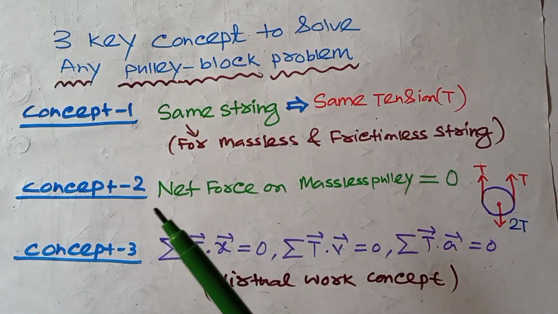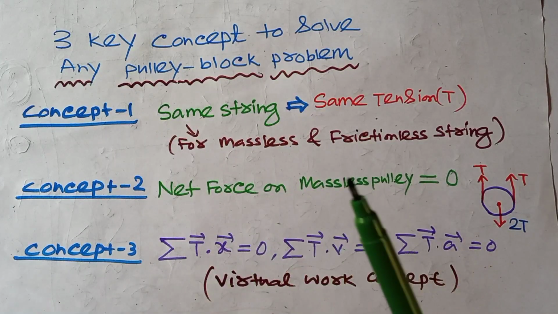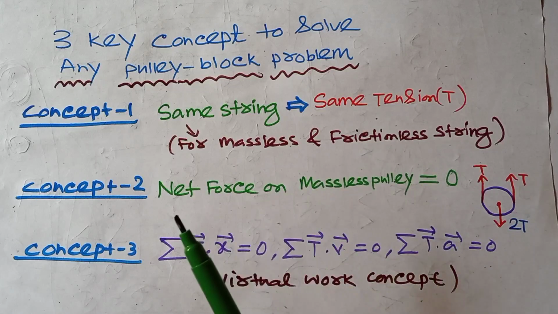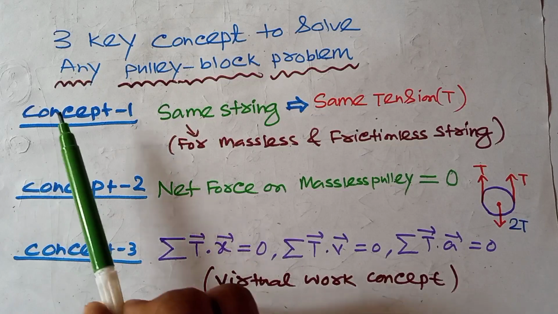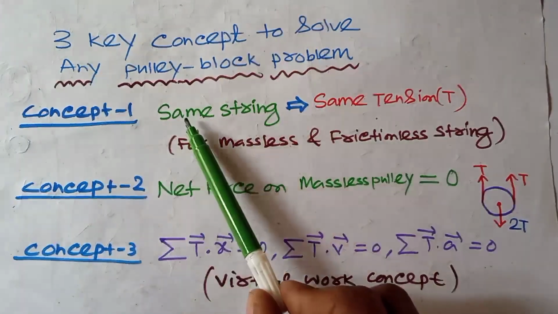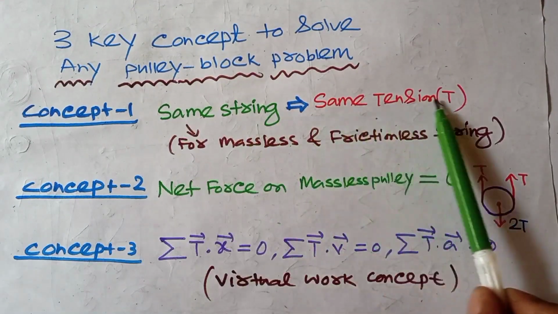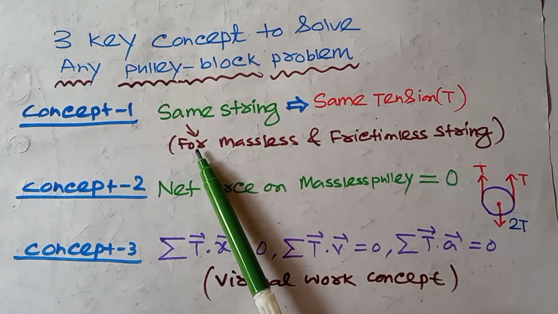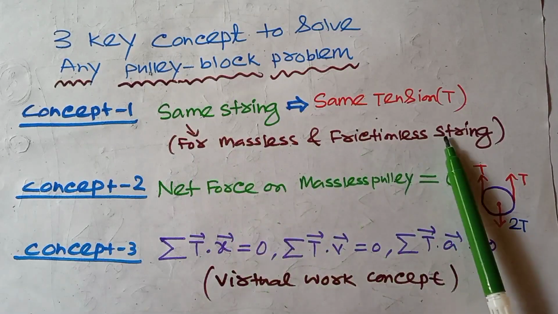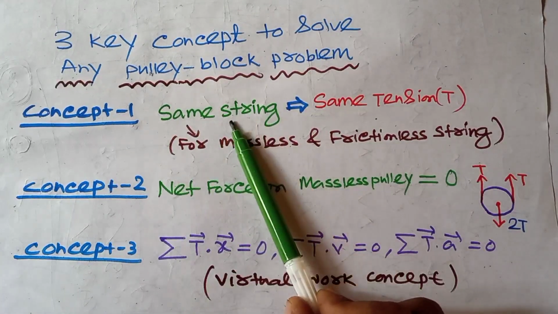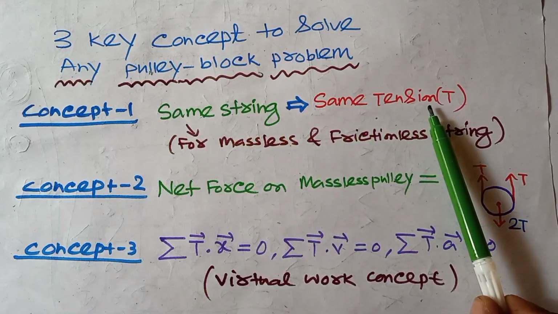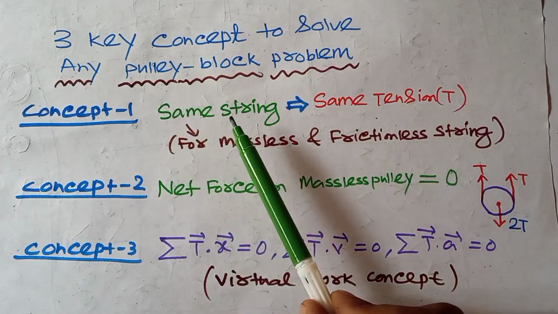Concept number one is: same string implies same tension. For a massless and frictionless string, same string means same tension everywhere. This is concept number one you have to keep in your mind.